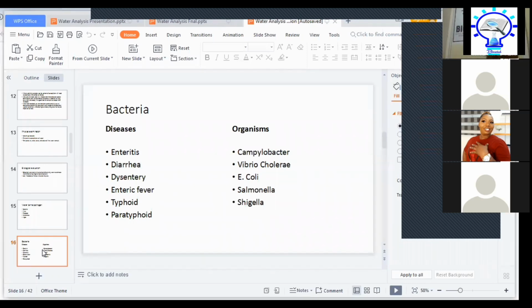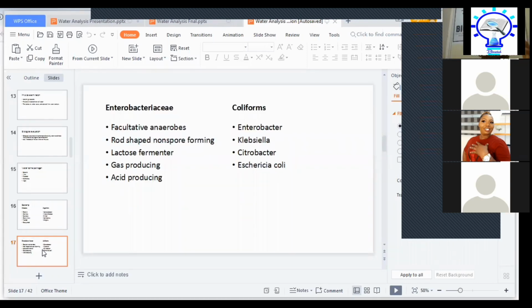Doctors are busy treating enteritis, anaerobes, whether they are rod-shaped, non-spore-forming, lactose fermenters, gas-producing, acid-producing. Now, all these biochemical protocols put on the side here are what help us to know one organism from the other.